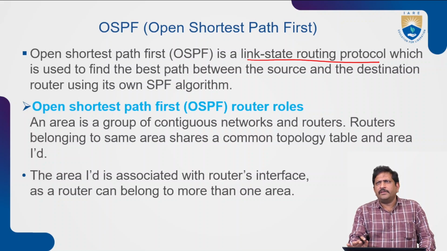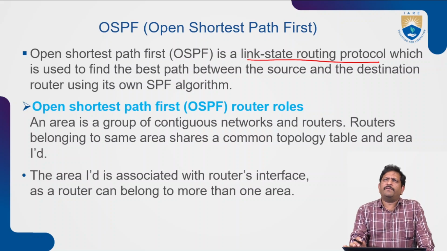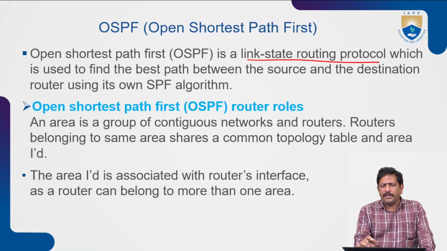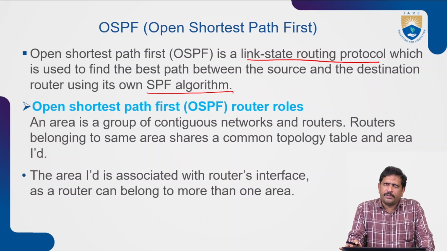By linking all the networks, it finds the shortest path from one router to another router. It is used to find the best path between the source and the destination routers, using its own shortest path finding algorithms. Different shortest path finding algorithms can be used. The best shortest path finding algorithm is the Dijkstra algorithm, which finds the shortest path in the same network or different networks.